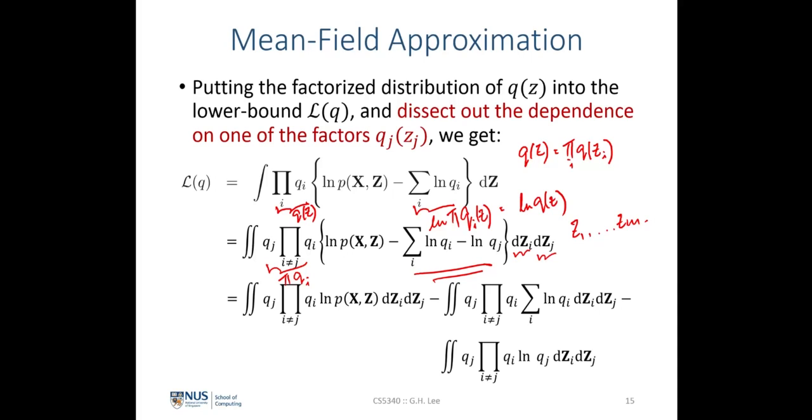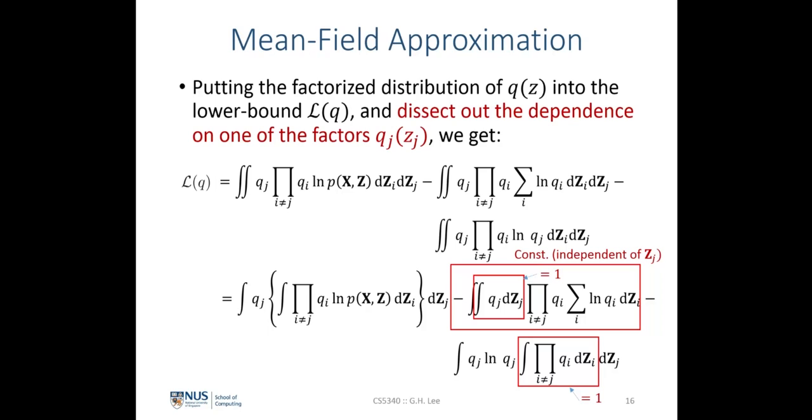approximation. This will allow us to rewrite this expression into a summation of three double integral terms over zi and zj. The first term is simply this term over the integral of zi and zj, as well as the second term, which is this guy over here, and then the third term, which is this guy.